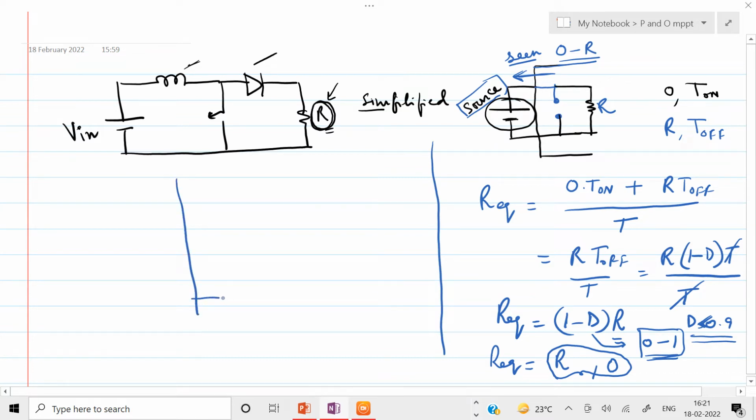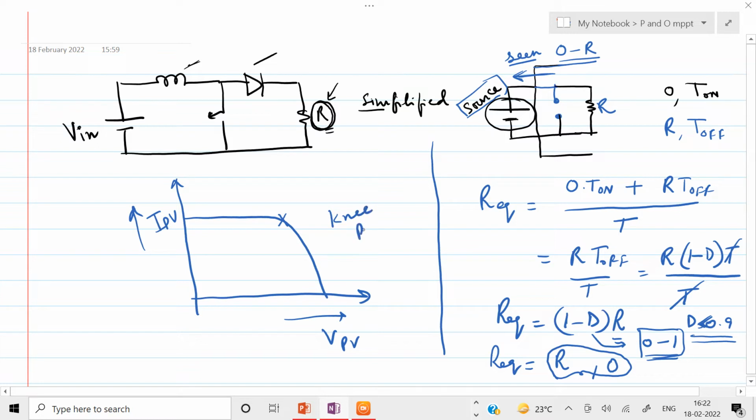Now the solar PV IV characteristic is something like this, for any particular insolation and temperature. This is IPV on the y-axis, and VPV on the x-axis. So there is one unique point which is called the knee point. The knee point on this characteristic is where we have got the maximum power available from the panel.